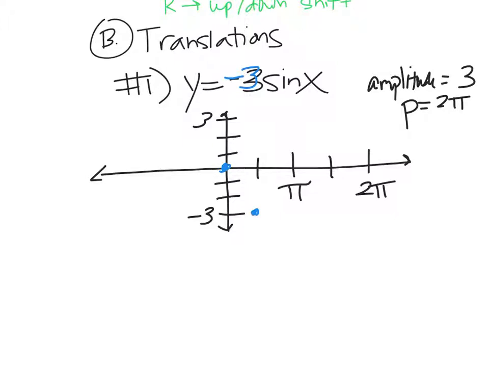Then my next tick mark, I'm back to 0. One more tick mark over, I'm up at +3, and then I'm back to 0. That's one full period of this graph. So you graph down and up. Make sure you put arrows to show that it continues. Fun, huh?